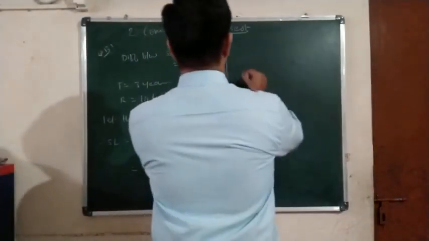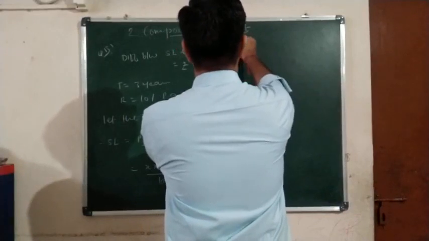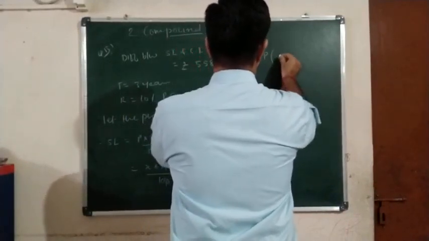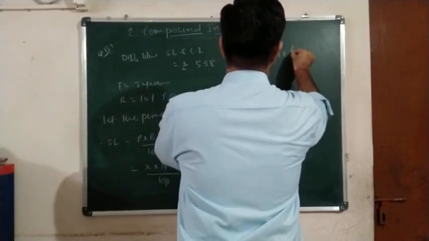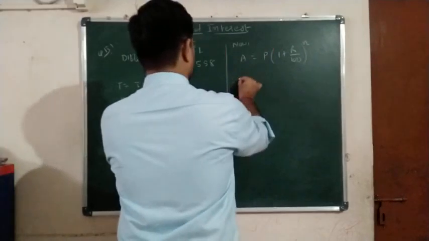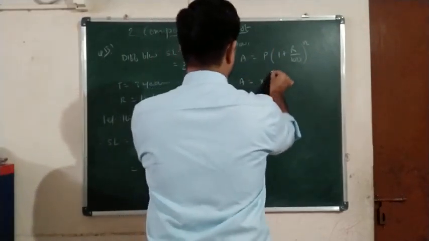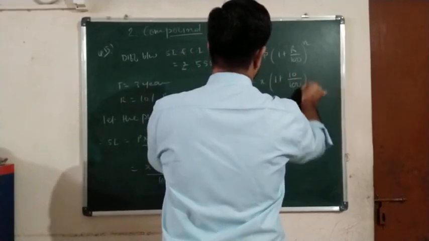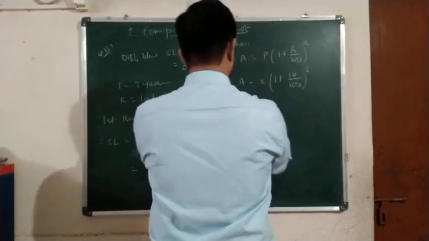Now CI. In order to calculate CI, we will put the formula of amount first. P into 1 plus R upon 100 raised to n. Therefore amount is equal to x into 1 plus 10 upon 100 raised to 3.